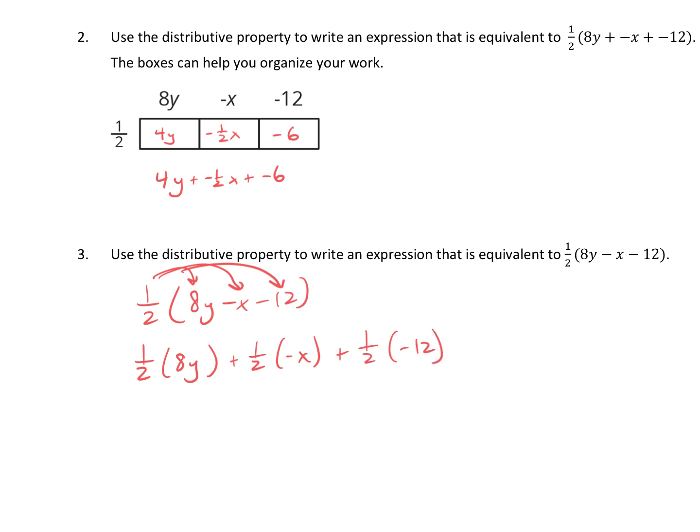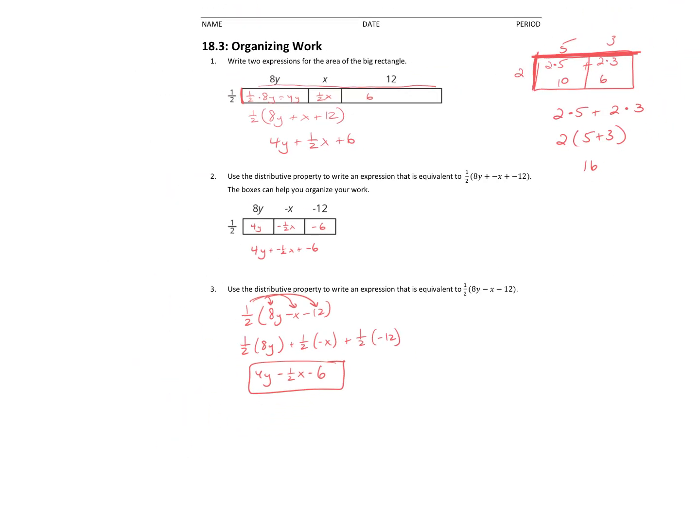And in doing that, 1/2 of 8y is just 4y. 1/2 of negative x is just negative 1/2 x. And then 1/2 of negative 12 is negative 6. So that would be the same as what we did above, just written as a subtraction problem instead of as an addition problem.